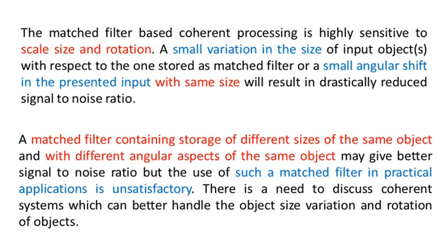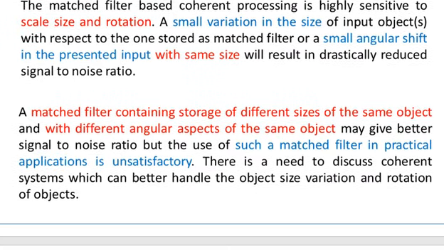And in this paragraph, we have suggested that we should store different sizes of the object, or different angular rotations of the object, that is, in the storage of the matched filter all possible sizes and all possible orientations or rotations of the object should be stored. But you know that such a matched filter cannot work practically, and the performance will be unsatisfactory.